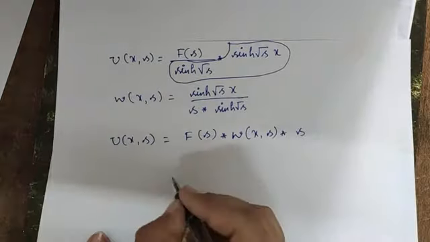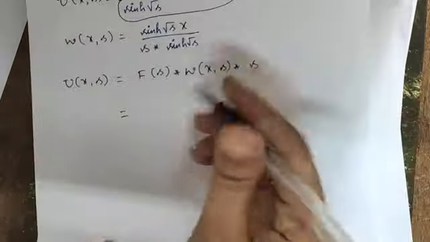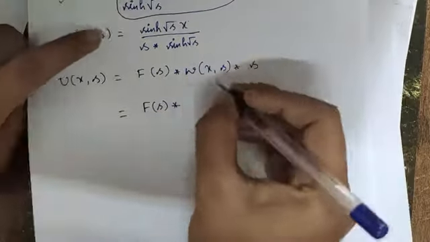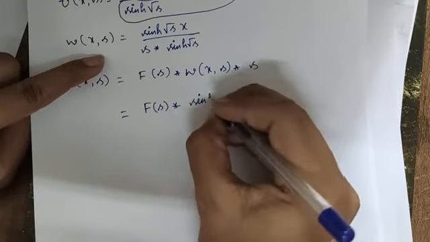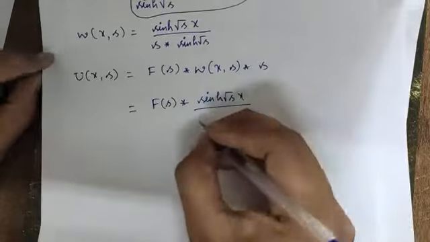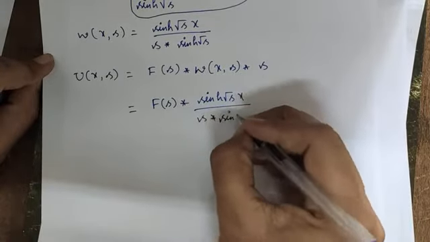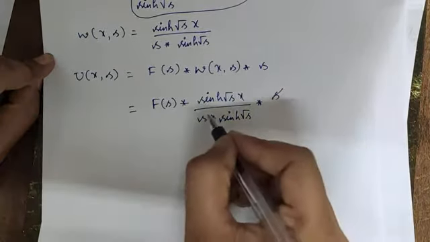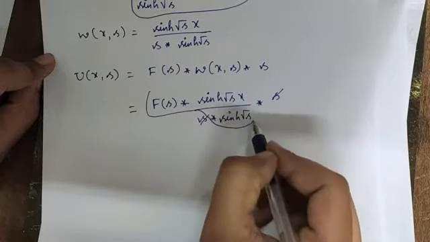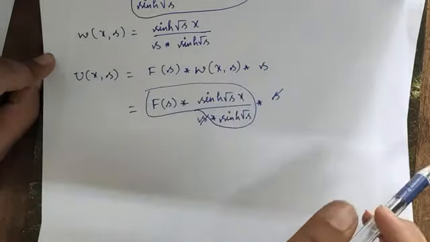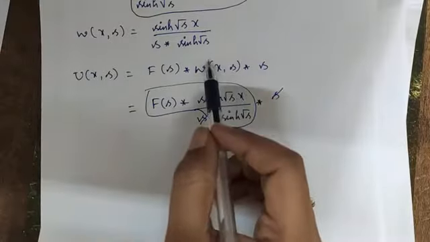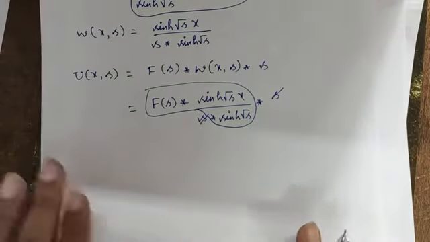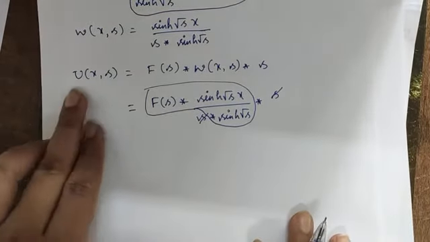I will show here how I have written. F of s as it is into omega of x comma s, which is sine hyperbolic root s x by s into sine hyperbolic root s, times s. So if you cancel s and s, this is nothing but your u of x comma s. Correct? So using omega of x comma s, I can express my u of x comma s. Now you got the solution in terms of x and s.